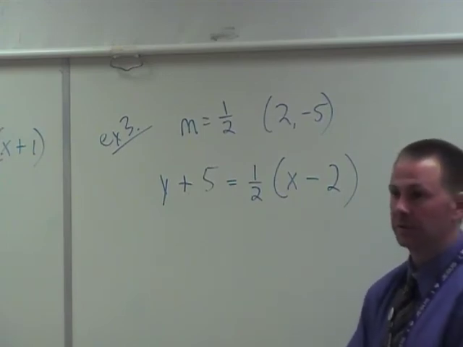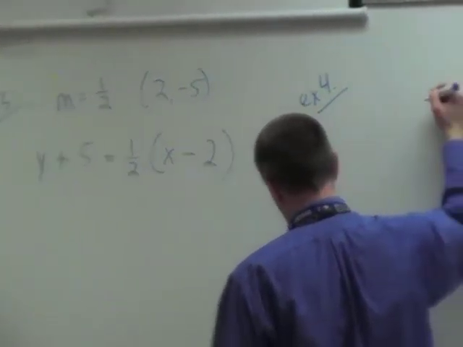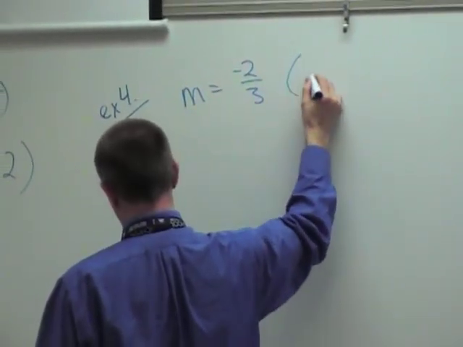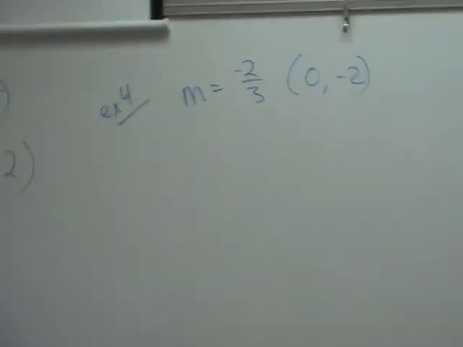Example 4. M is negative 2/3, and your point is 0, negative 2. Are we doing the same thing we just did? Yes.